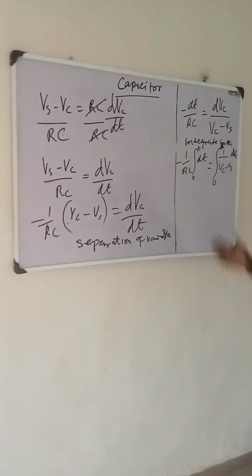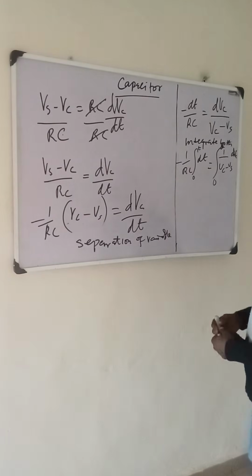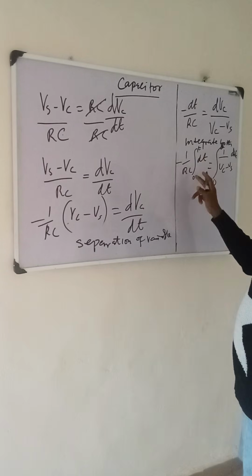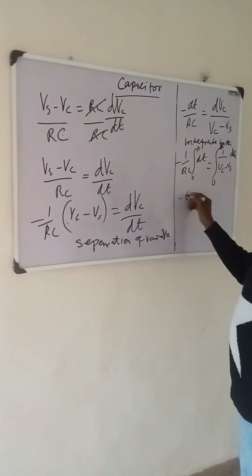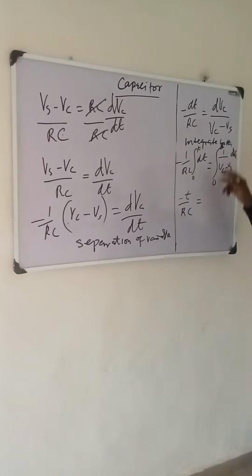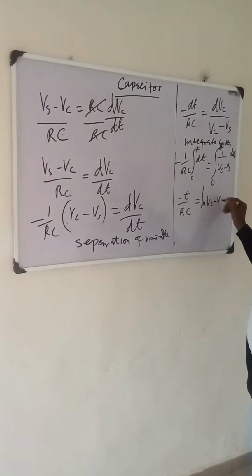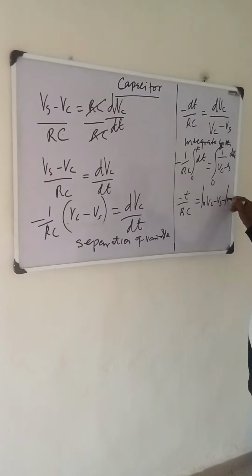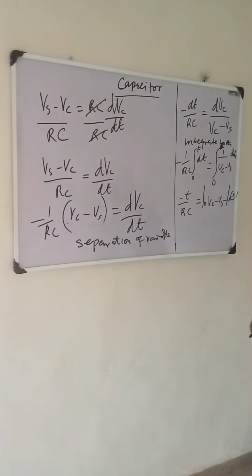So with this, we simplify further. If we do this integration, the integral of dt is t. So we have minus t all over Rc equal to ln(Vc minus Vs) minus ln(negative Vs).